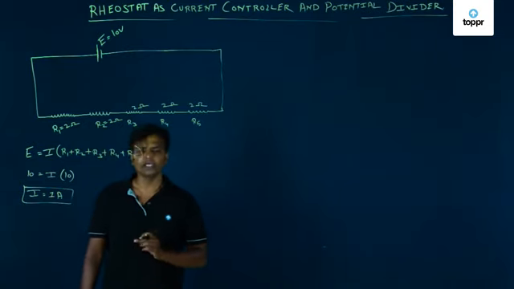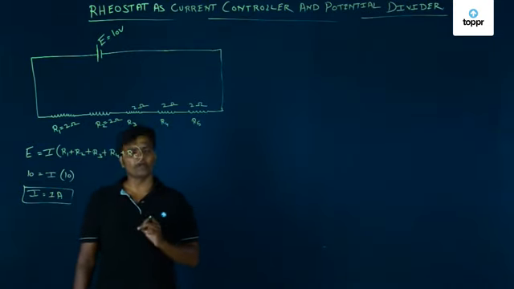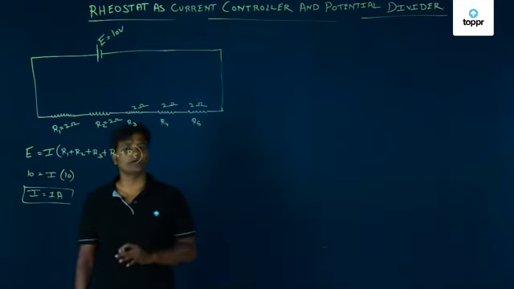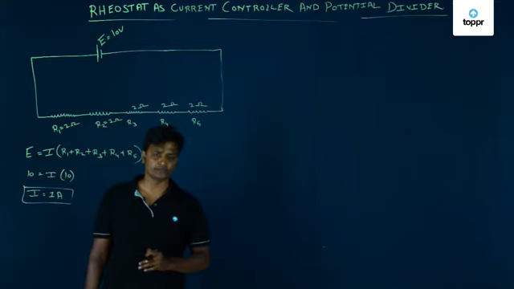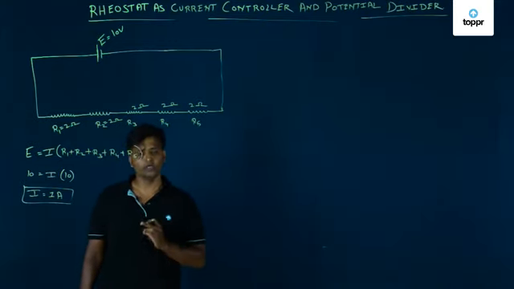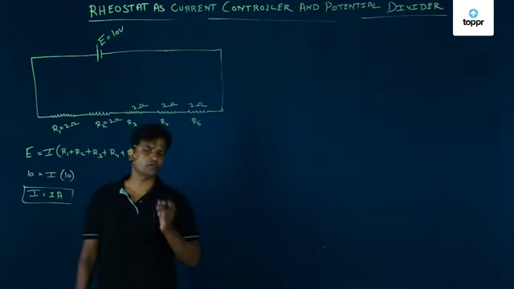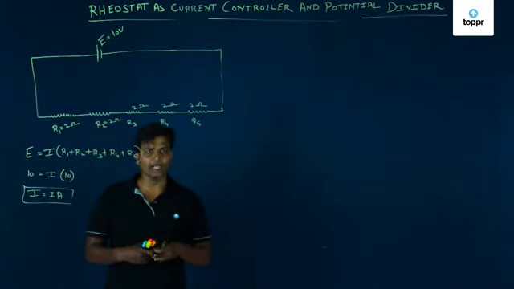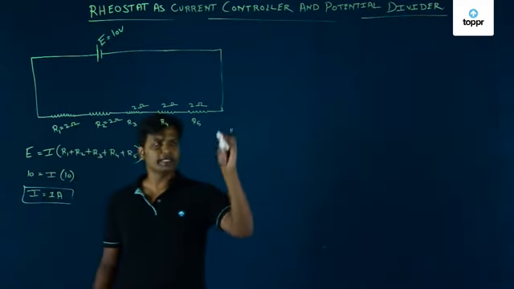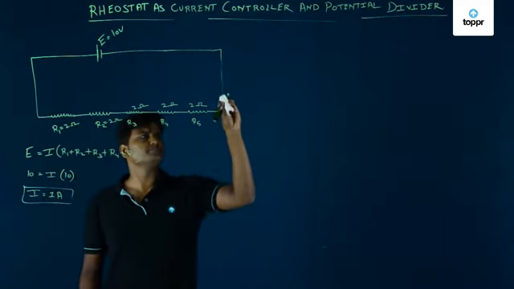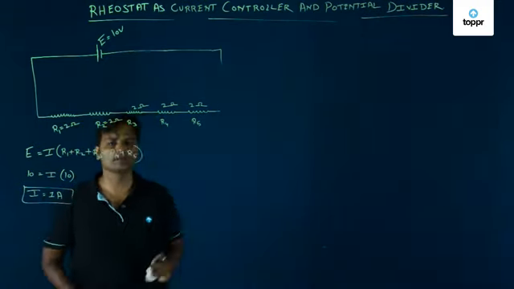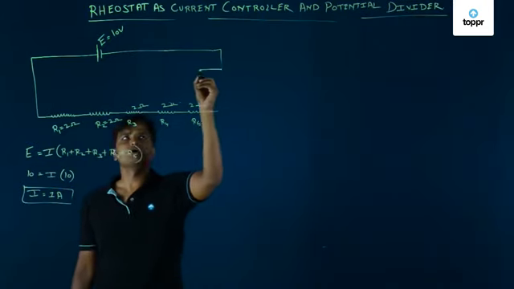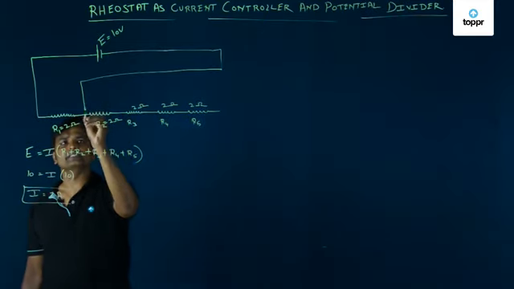However, if I want that 5 ampere of current should flow through the circuit, then what I will do is, I'll simply disconnect this particular part and connect this wire to this resistor.